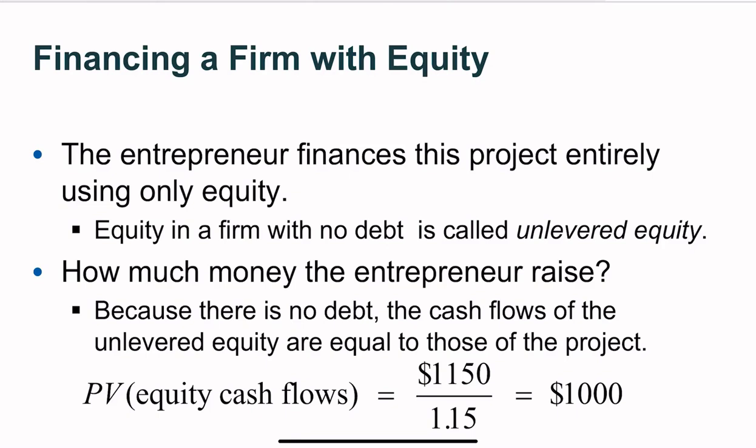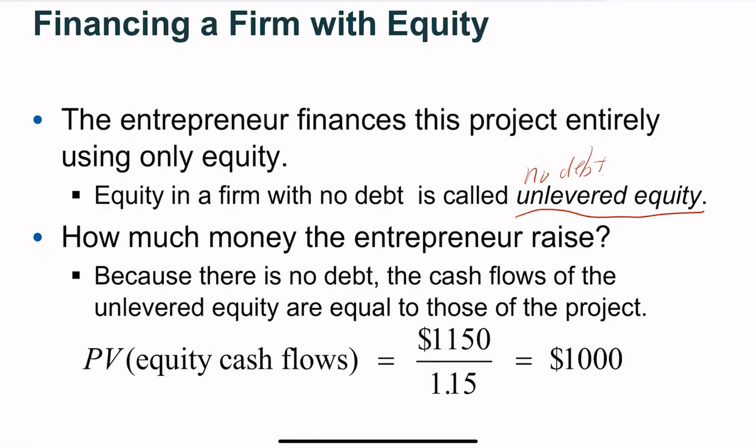If you're financing a project using only equity, this equity is called unlevered equity. Unlevered basically means no debt, because your firm or your project contains no debt. So the equity in your firm is unlevered equity.